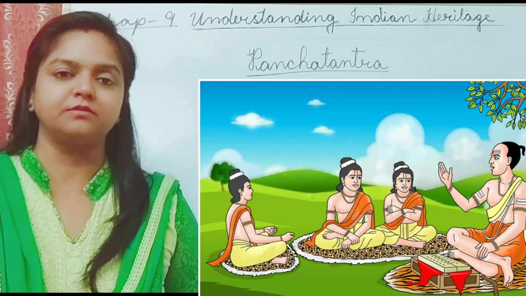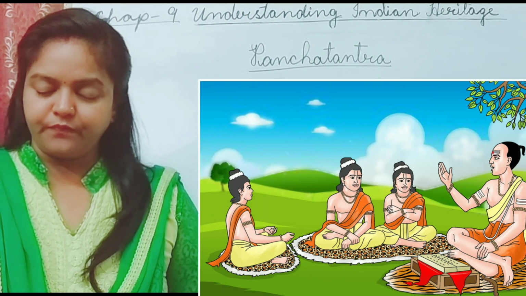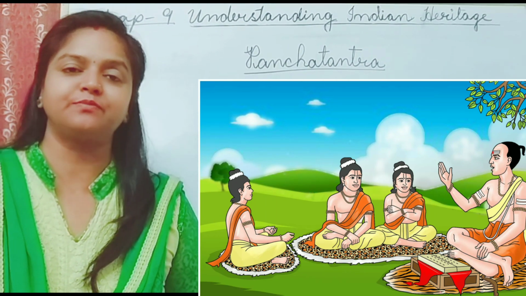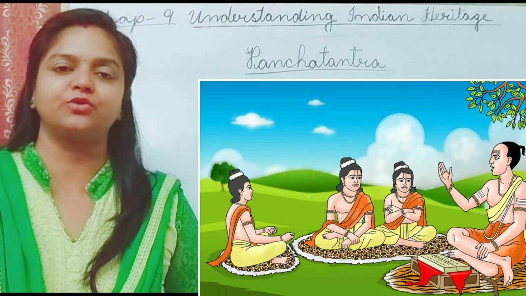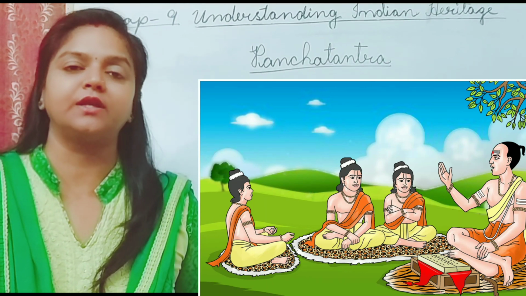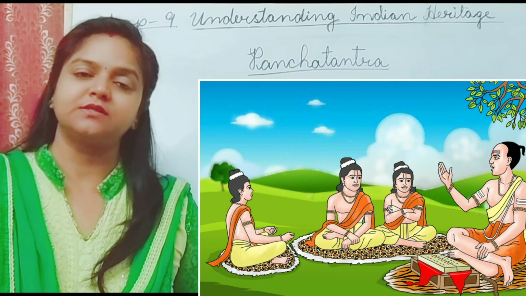Donation, you can understand, means gifts. Okay, so he offered him huge donations, but Vishnu Sharma did not accept his donation. He said that he did not sell knowledge, but he accepted the task of educating his sons.